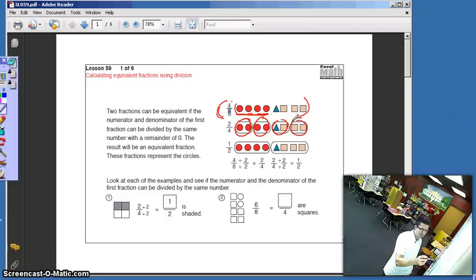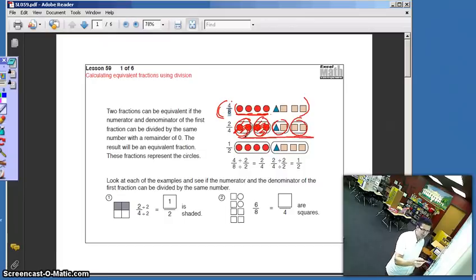And so if I'm dividing the 4 into groups of 2 and all 8 of them into groups of 2, then I end up with 2 out of 4 that are circles.